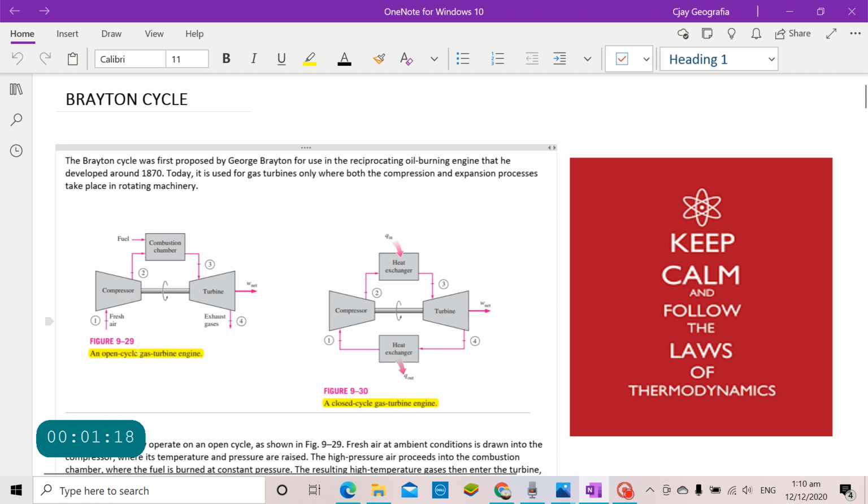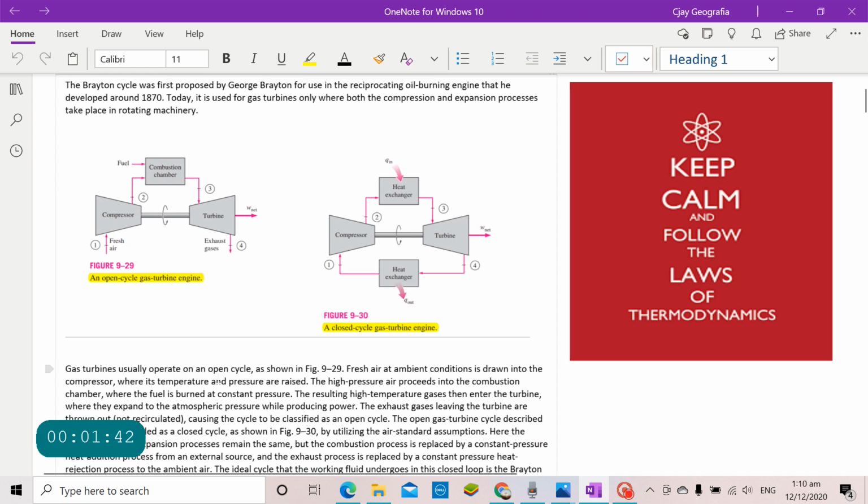This one is an open cycle gas turbine. The process will not be like a chain, continuing processing. Unlike this one, which is interconnected from 1 to 4. And unlike this one, the column here is hanging and not connected.